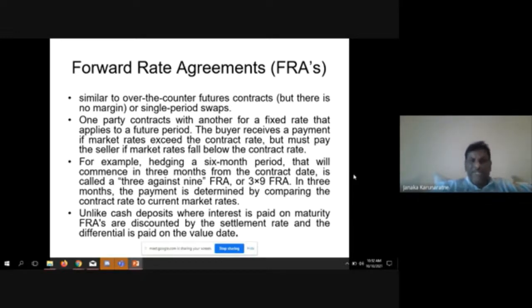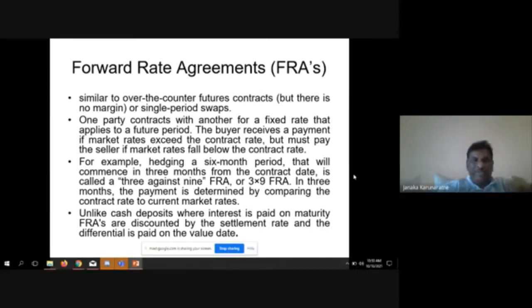For example, hedging a 6 month period that will commence in 3 months time from the contract date is called a 3 against 9 FRA. So that's again a future period. Let's say you are the buyer: in 3 months time, the contract is to be initiated for a 6 month period.